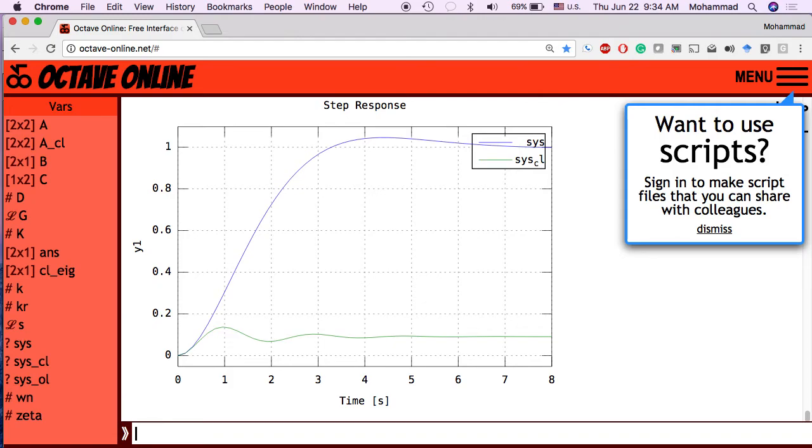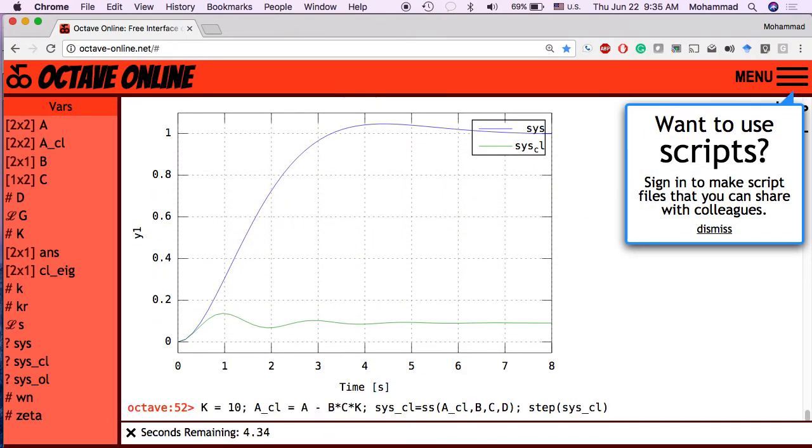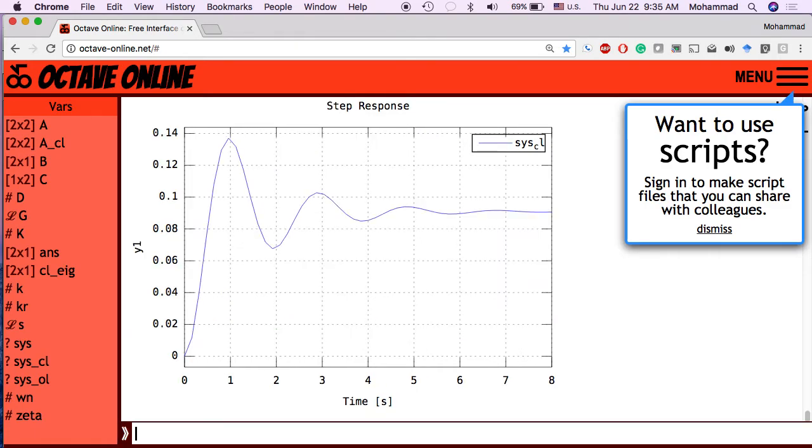So if you take that out of the equation for now, you can see that the closed loop system oscillates more because we are losing on the damping ratio. So the closed loop system is now overshooting like 40%, as opposed to open loop system that didn't overshoot as much. So it basically reduces the level of damping ratio.